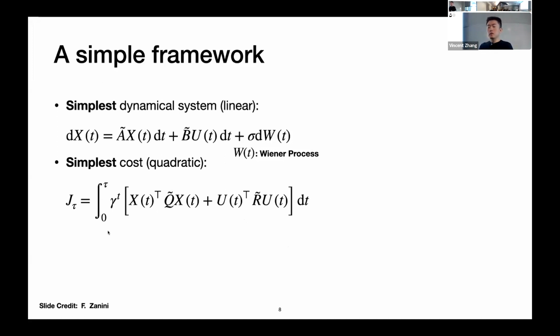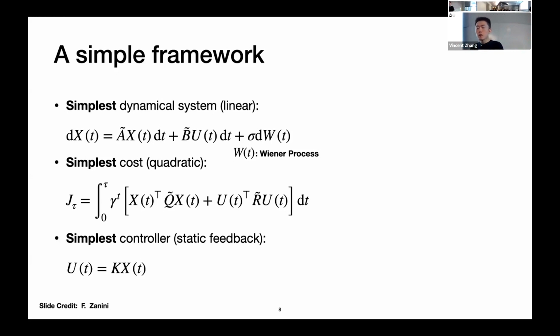And then you would take the integral to get the cost for the entire trajectory, as opposed to taking the summation over discrete time steps. And then we also assume the simplest controller, which is just a static feedback of the state, right? And this controller K here is time invariant.